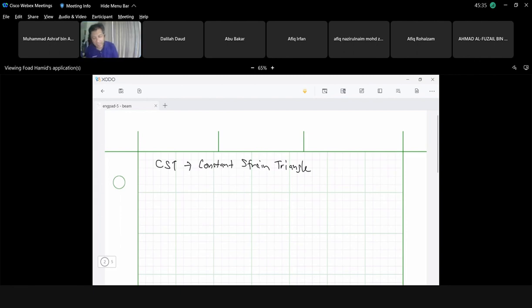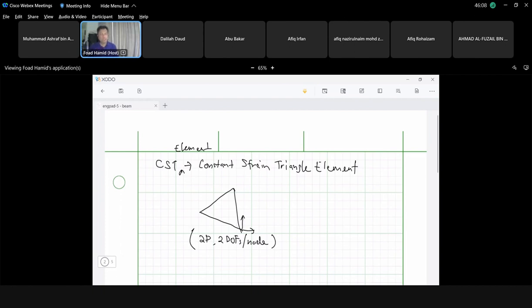Okay, so CST element is the element whose shape is a triangle. So this is a triangle. So this is the element. Now, hopefully you can see that this is a 2-dimensional element with 2 DOF per node. Okay. So this is how we do it.